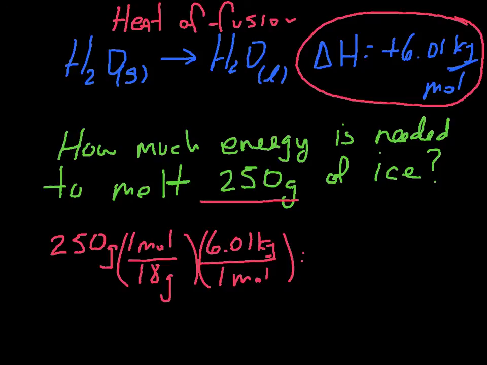So I set that up. It's going to be 250 times 6.01 divided by 18, and it tells me that I would need 83.5 kilojoules of heat to melt 250 grams of ice. Okay?